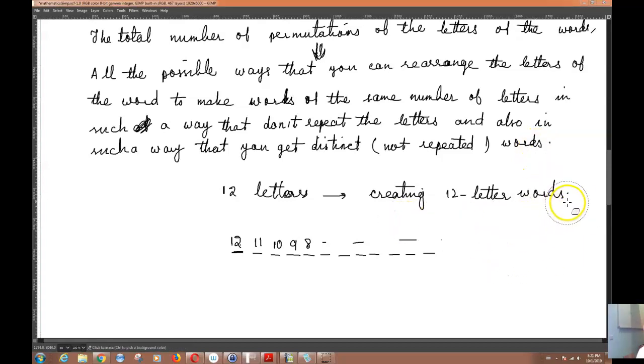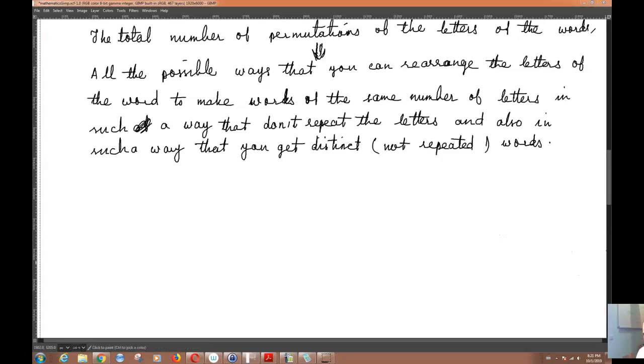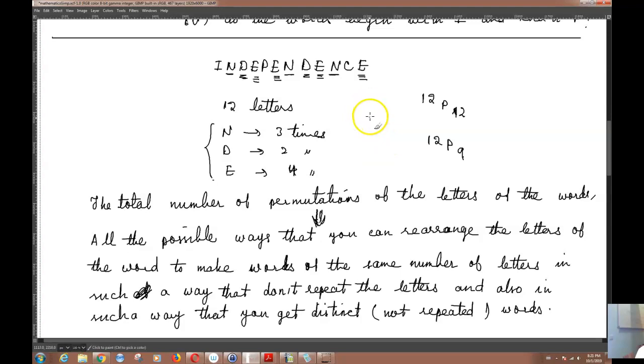Now, this is also something different, meaning that sometimes you don't repeat anything, but in spite of that, you don't get distinct words. For example, in this case, you can see that N appears 3 times here. As you saw with the case of the word root, where O appears 2 times in that word, that just gets you into trouble, meaning that it creates, for example, 4 factorial permutations for you, but then you have to divide by 2 factorial to get the number of distinct permutations of the word, because these two O's are not distinguishable.